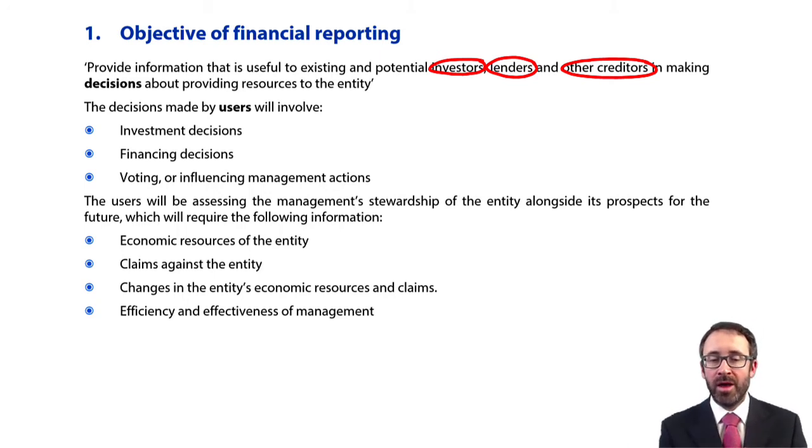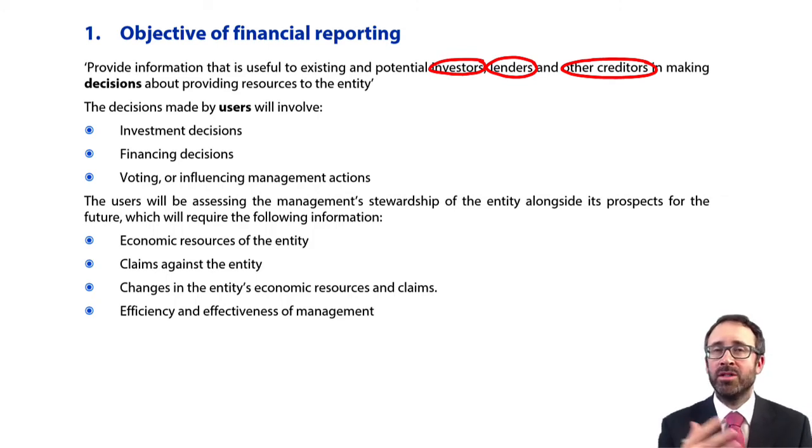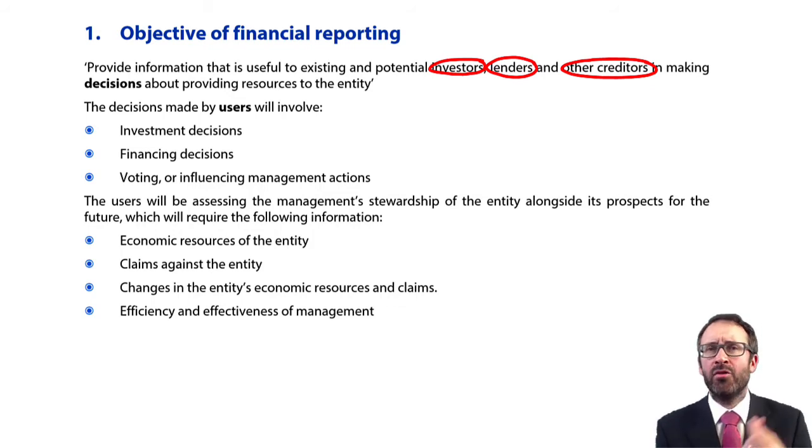So it's important that those users are able to make decisions about whether they want to provide the finance, continue providing it, or cease. Initially, are they going to make that investment in the shares or in the debt? Are they going to grant the bank loan? Are they going to allow short-term finance?